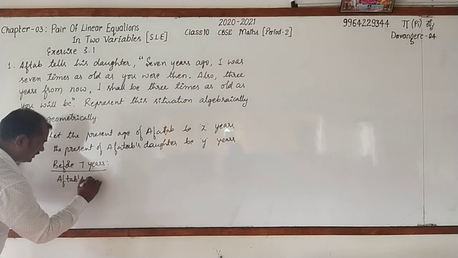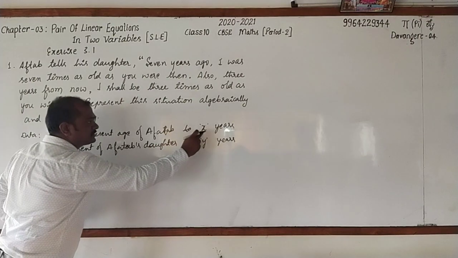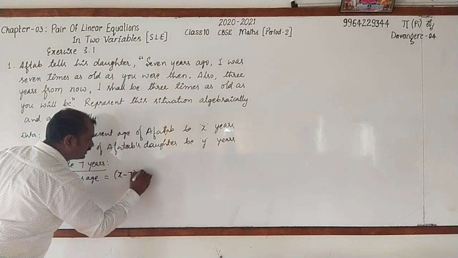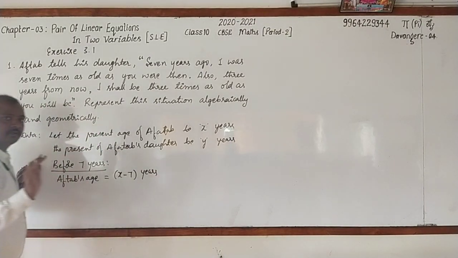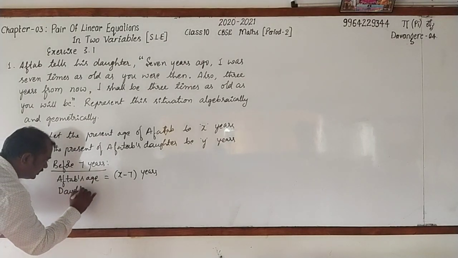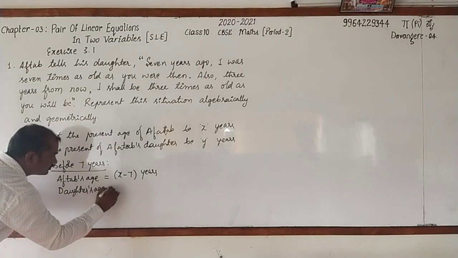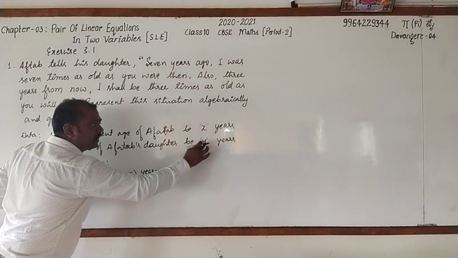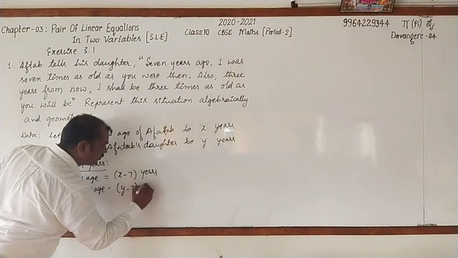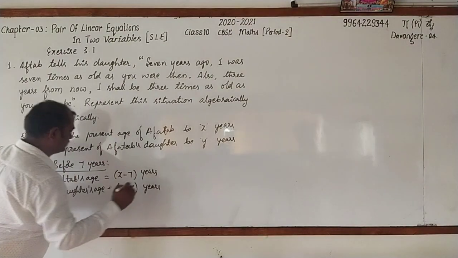Aftab's present age is X. Before 7 years, his age was X minus 7 years. Clear? Then what about daughter's age? Daughter's age will also be reduced by 7. Her present age is Y, and 7 years ago it was Y minus 7 years.